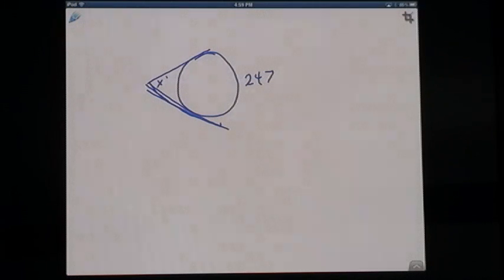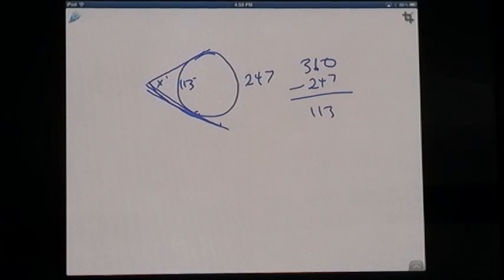So since we don't have any other numbers, we look like we're kind of sunk. But since this is touching right here and they are tangent, you have to do 360 minus 247 to find the other arc. Minus 247 is equal to 113. So this is 113.